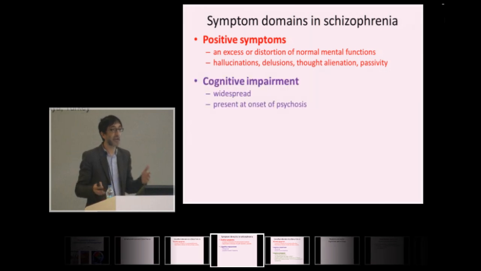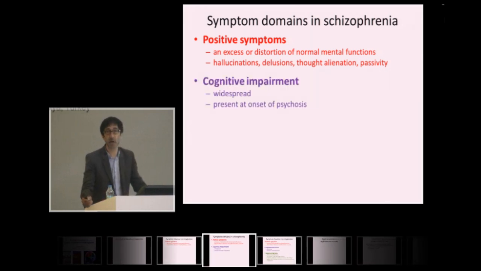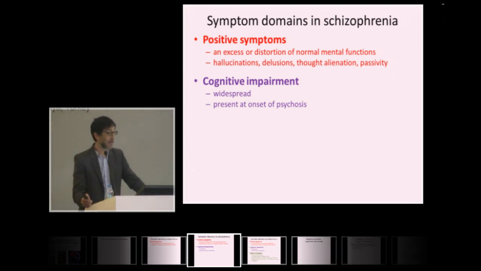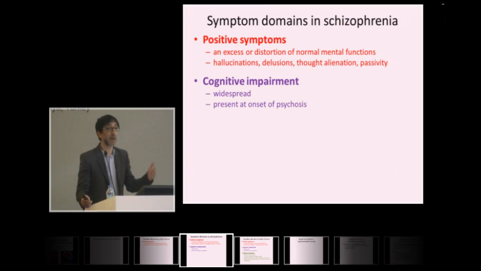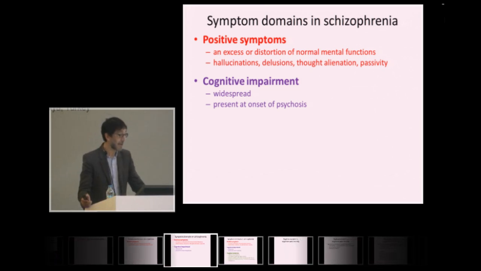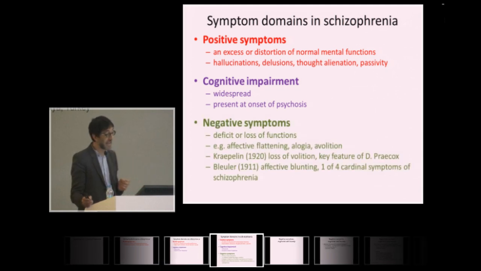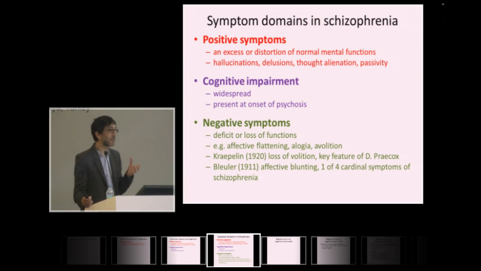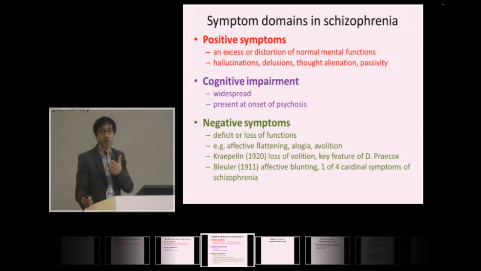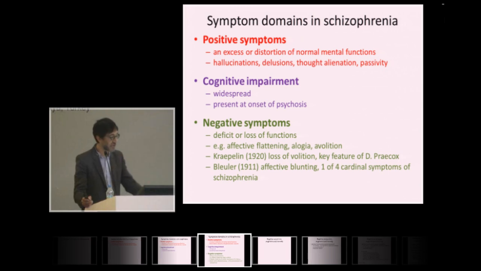We now know that cognitive impairment is a key part of schizophrenia. The deficits are widespread, and unfortunately they're present even when patients present with the first psychotic episode. And then today we're going to look at negative symptoms, which can be conceptualized as a deficit or a loss of normal functioning that all of us have.